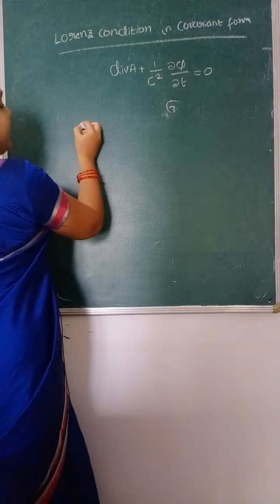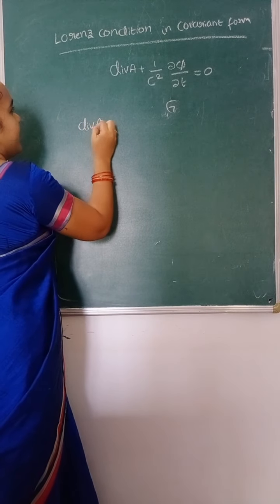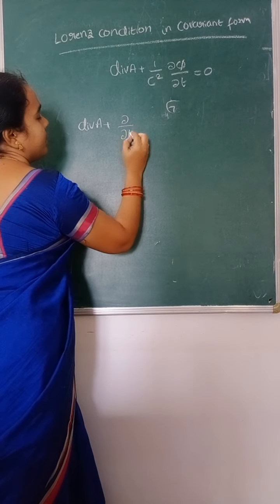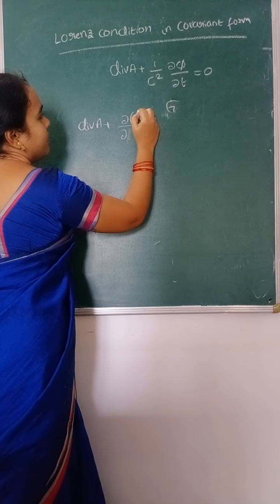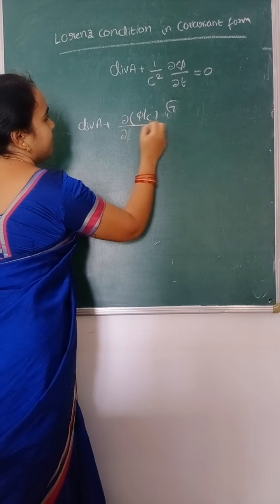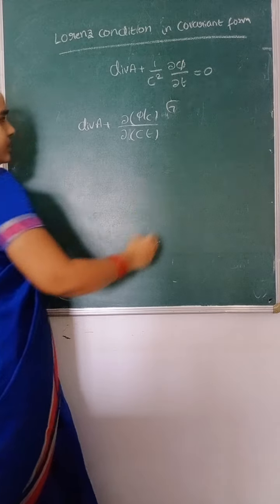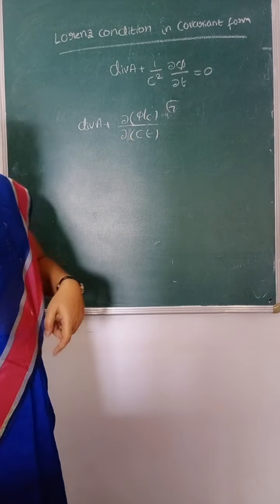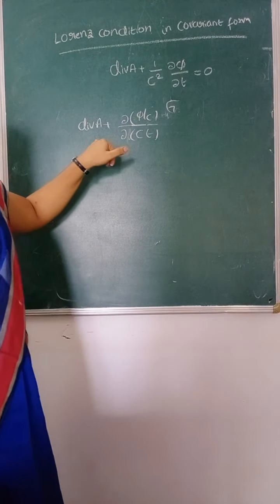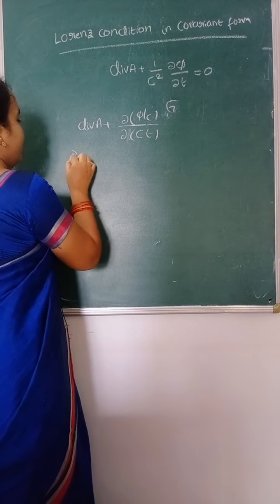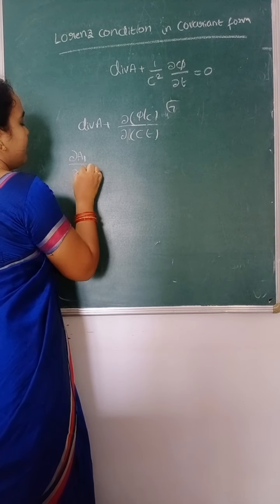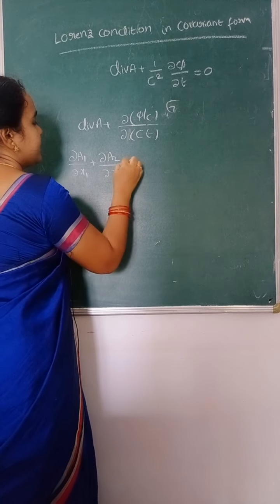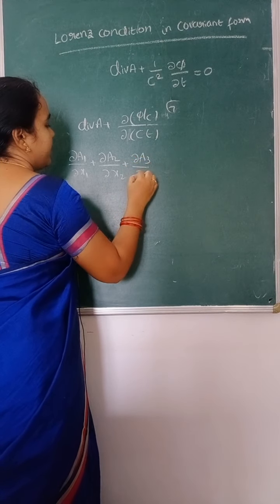So we can write it as divergence of A plus dou by dou t of phi by c, divided by ct. So phi by c is one term and ct is another. We know that divergence of A is nothing but dou A1 by dou x1 plus dou A2 by dou x2 plus dou A3 by dou x3.